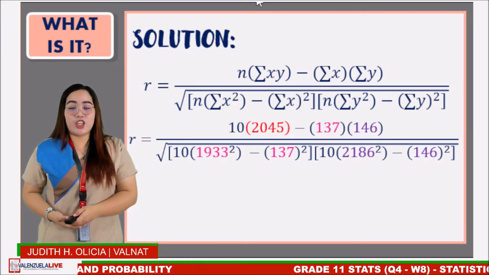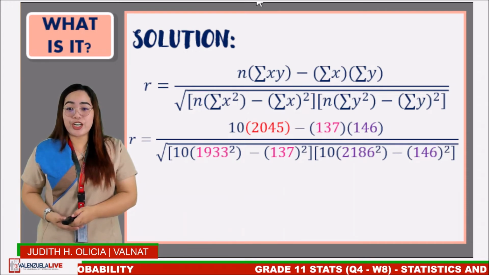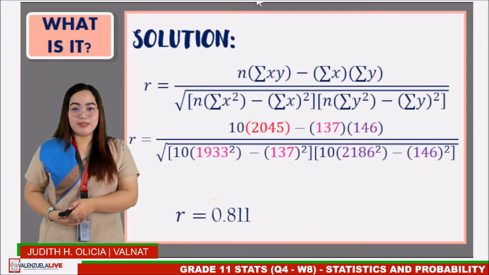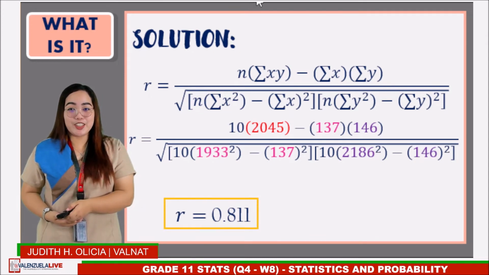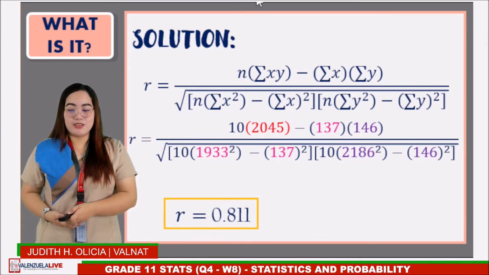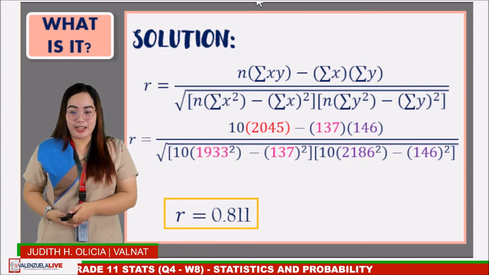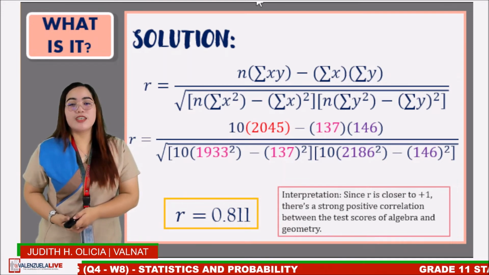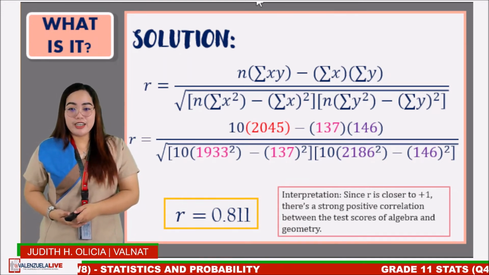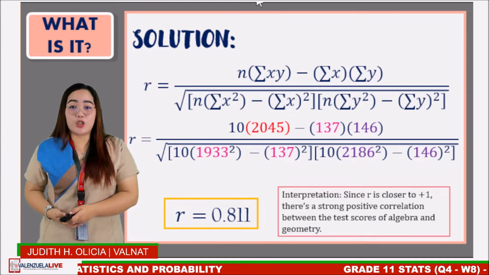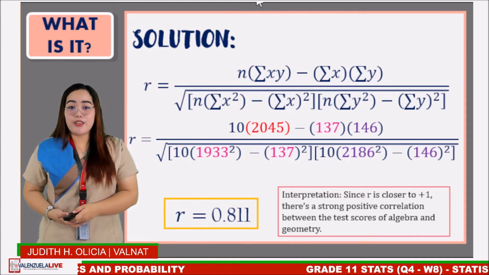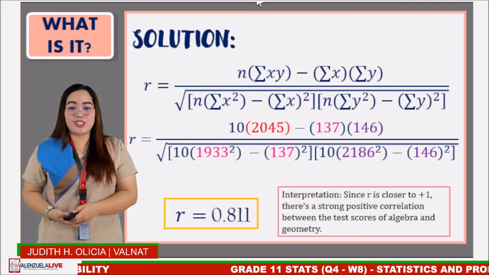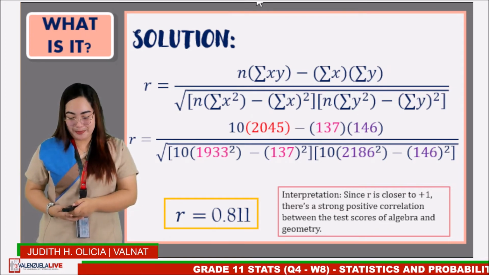Performing the indicated operations, the answer is 0.811. So now let us interpret. Since r is 0.811, which is closer to positive 1, there is a strong positive correlation between the test scores of algebra and geometry.